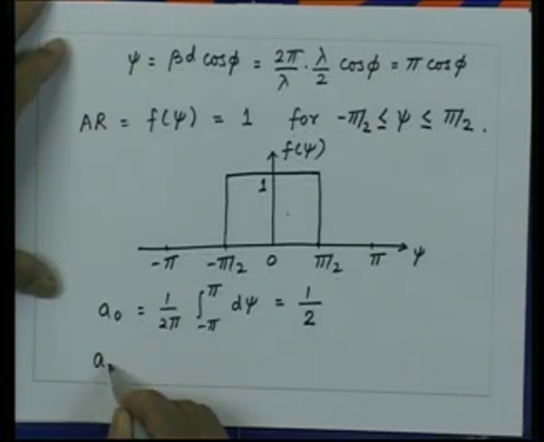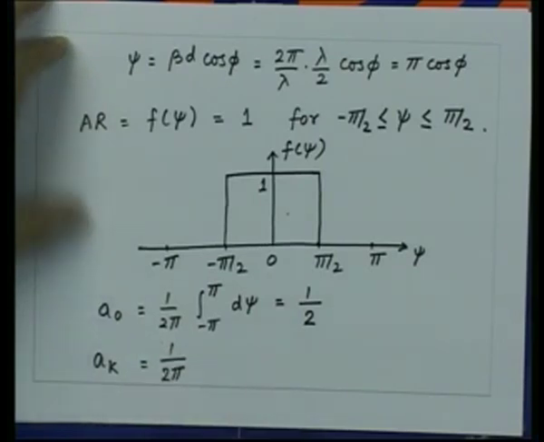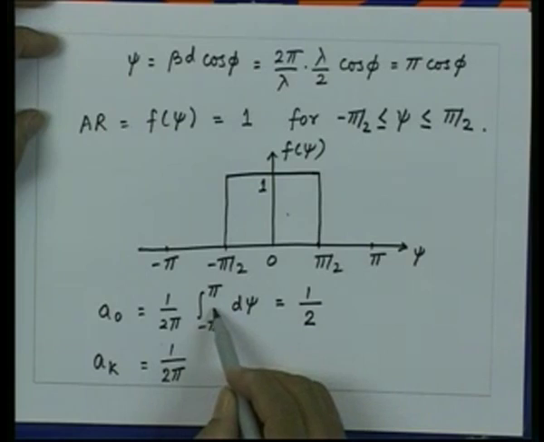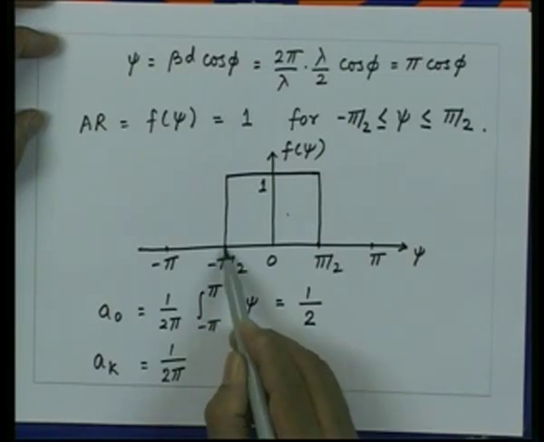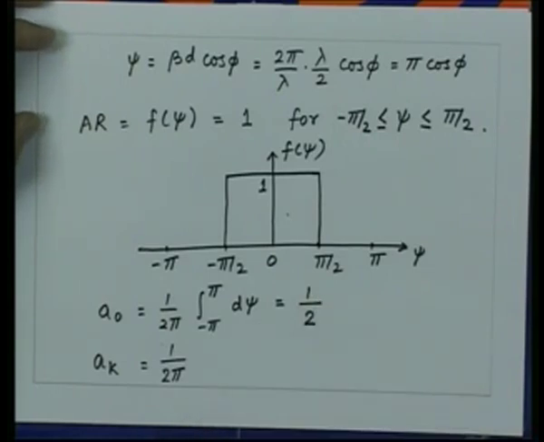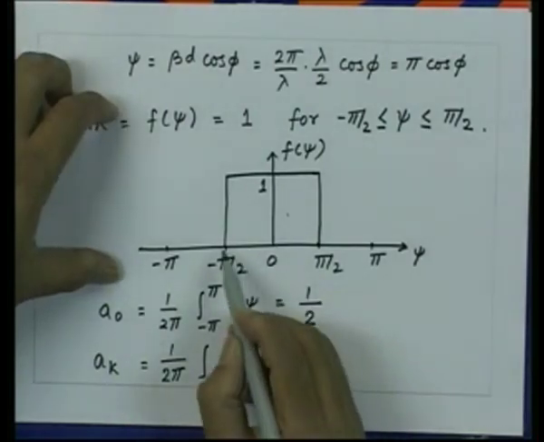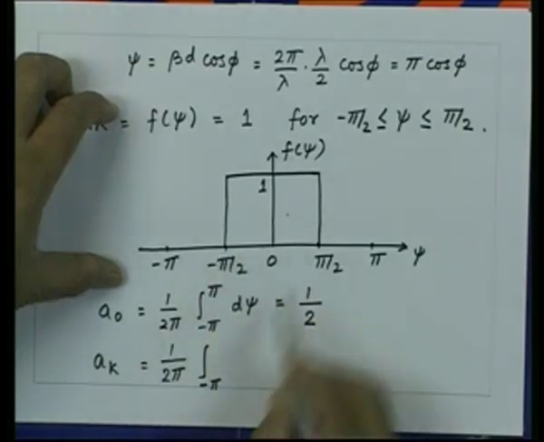And we can get here this quantity ak that is equal to 1 upon 2 pi. Now, note here this function is 1 only from minus pi by 2 to plus pi by 2, that is why you get this quantity which is 1 over 2. Similarly, this quantity is only 1 over minus pi by 2 to plus pi by 2.